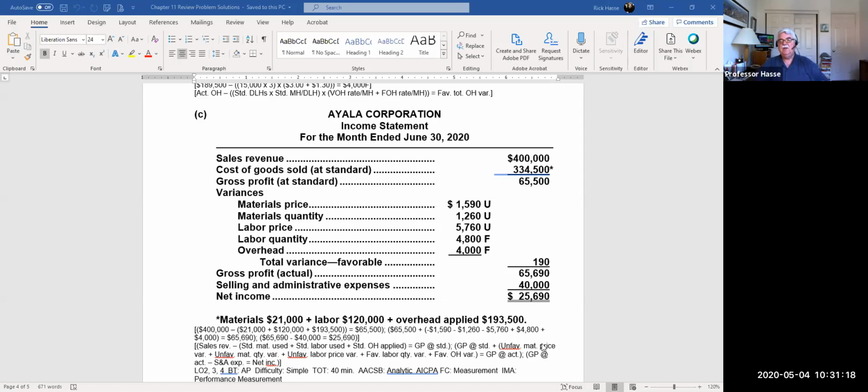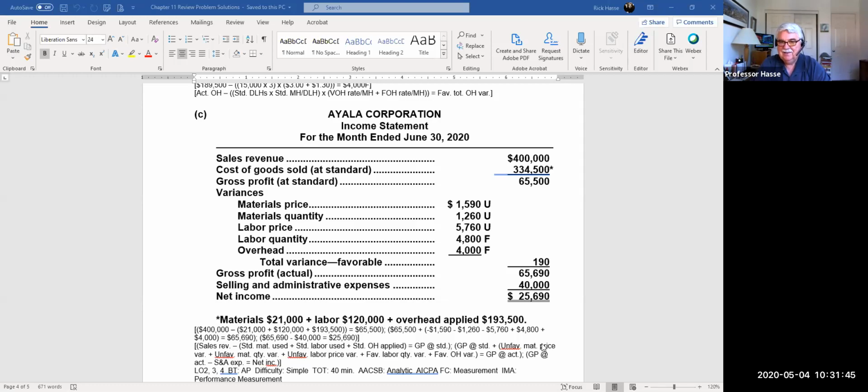In other words, we projected $65,500 of planned profit. Taking into account materials, labor, and overhead variances, we've made another $190. Thus, our gross profit was $65,690. Our selling and administrative expenses were given as $40,000. We made a net income of $25,690.